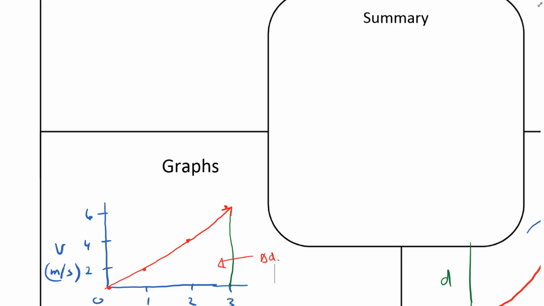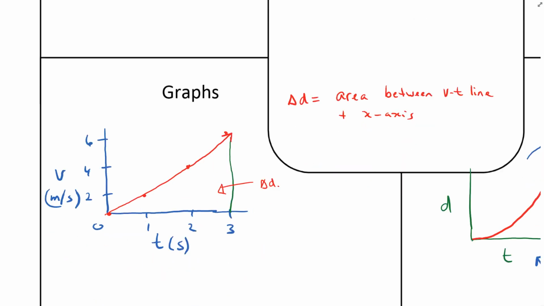So I'm going to just write this over here for one of our summaries. The delta D is equal to the area between the VT line and the x-axis. That's this space in here.